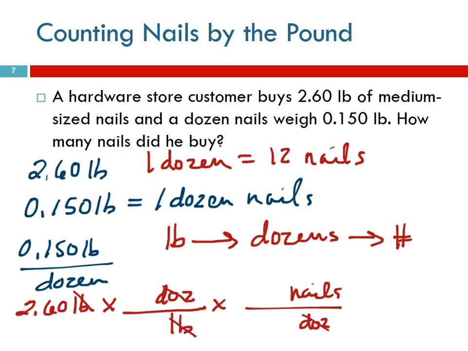I want that unit to cancel out. The relationship between dozen and pounds was given in the problem. 1 dozen nails weighs 0.150 pounds. So 1 dozen, 0.150 pounds.